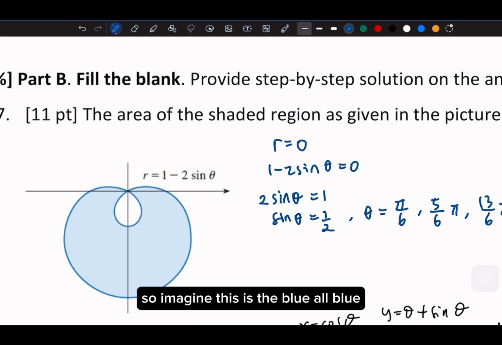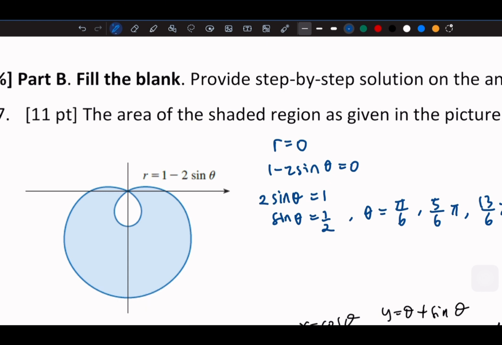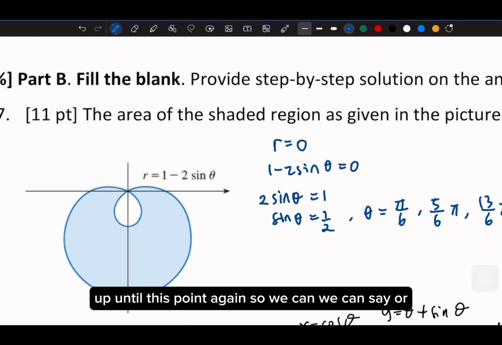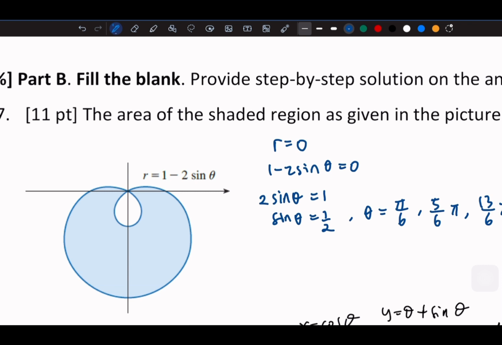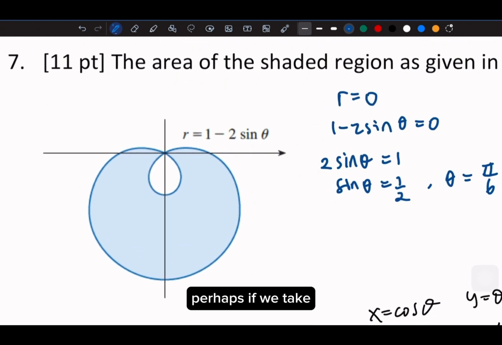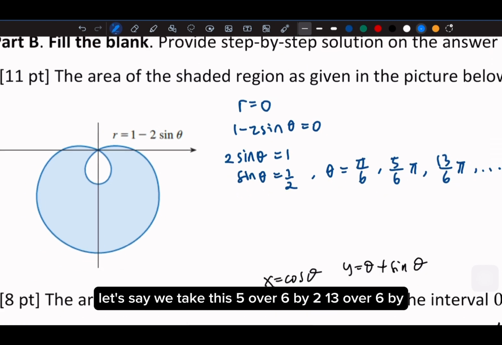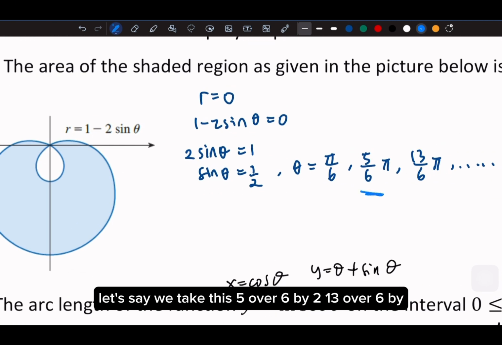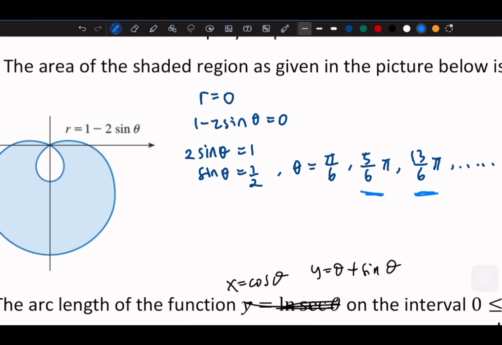So imagine this is the blue, all blue. Okay. So we could take area from this point up until this point again. So perhaps if we take, let's say, 5/6 pi to 13/6 pi.